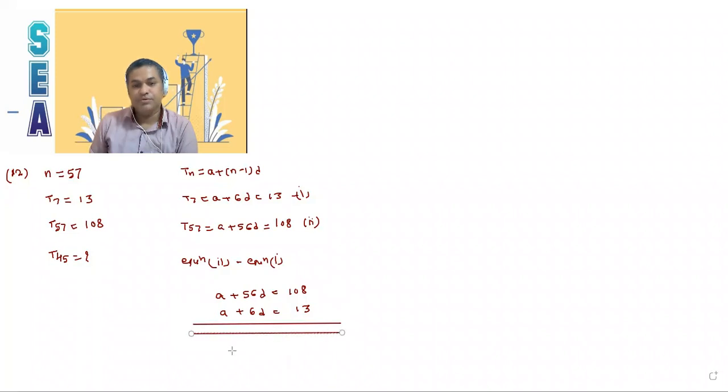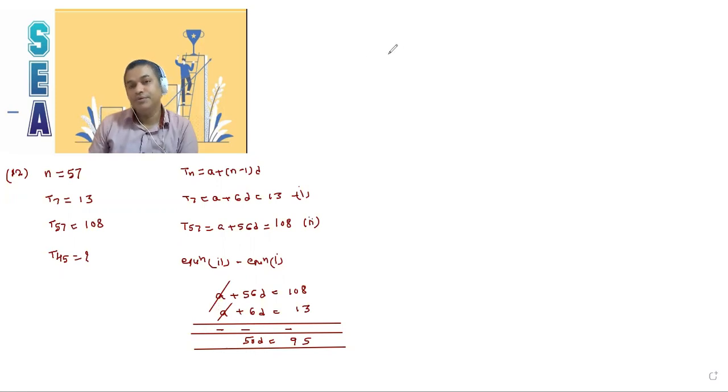When we subtract, we draw a line like this. Okay, this minus, minus, minus we did, so here we can cancel this a like this. So this is 50d is equal to 95. 50d is equal to 95. So the last term they are saying, the 7th term is 13 and the 57th is 108. That means a plus 56d is equal to 108. We will subtract here.